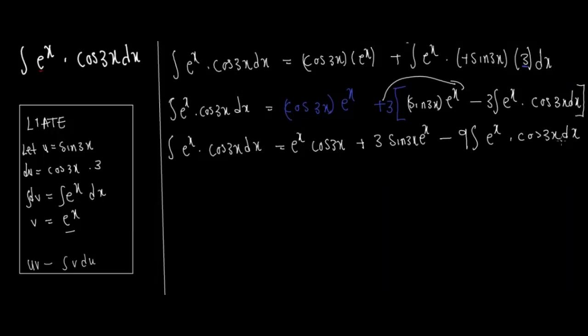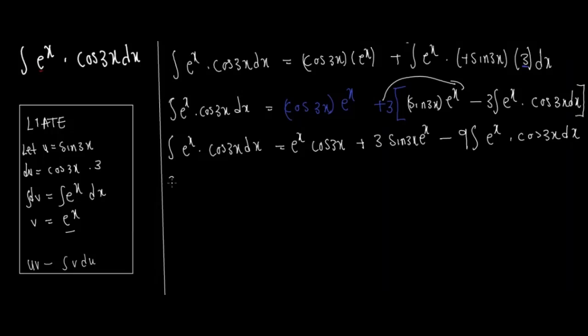So now, what we can do is take this minus 9, the integral of e to the x cosine of 3x, to the left hand side. So this one will become positive.